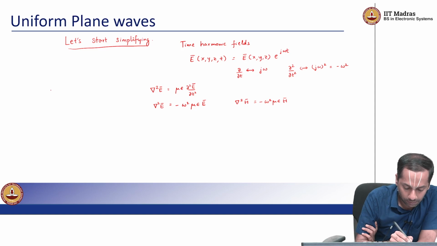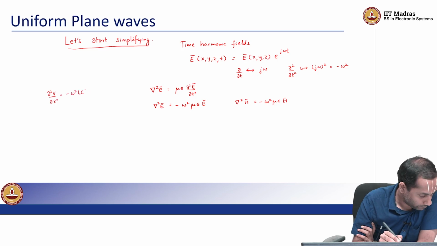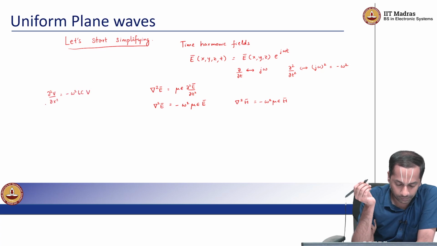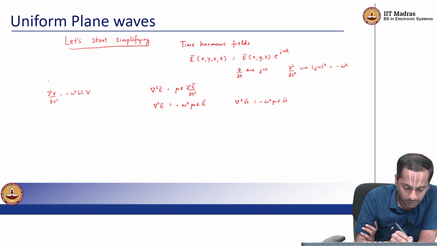In the case of the voltages, we had dou squared V by dou x squared being minus omega squared LC times V, for a lossless transmission line.